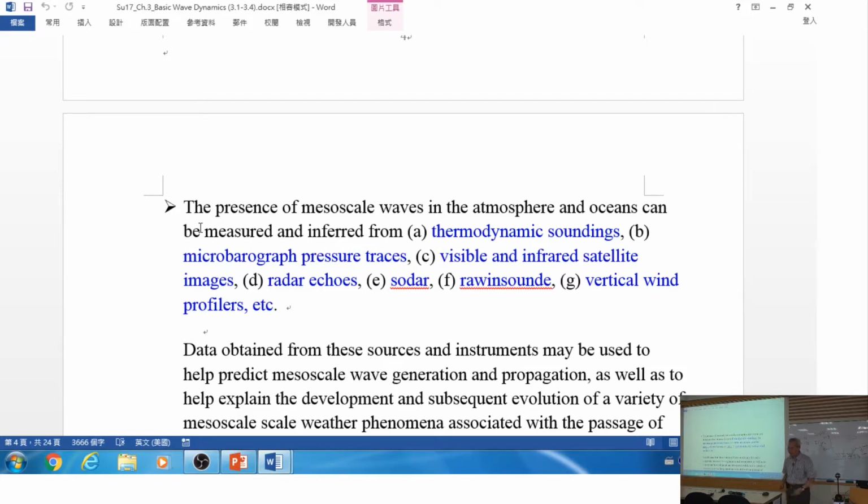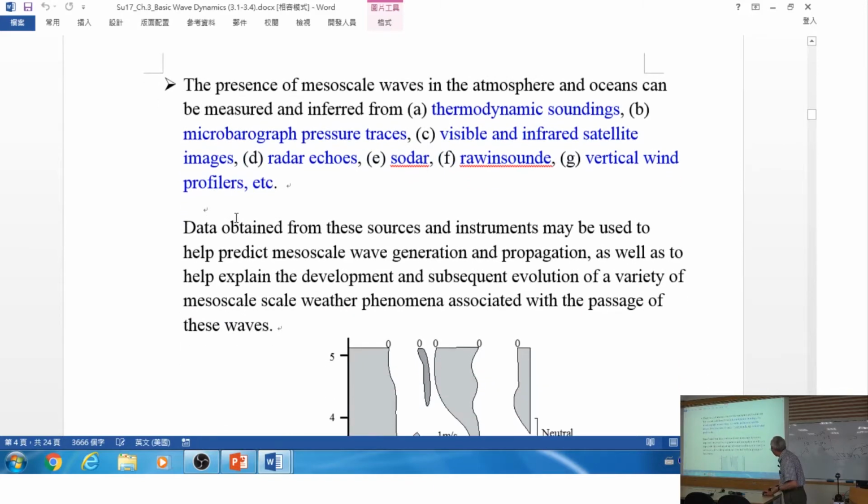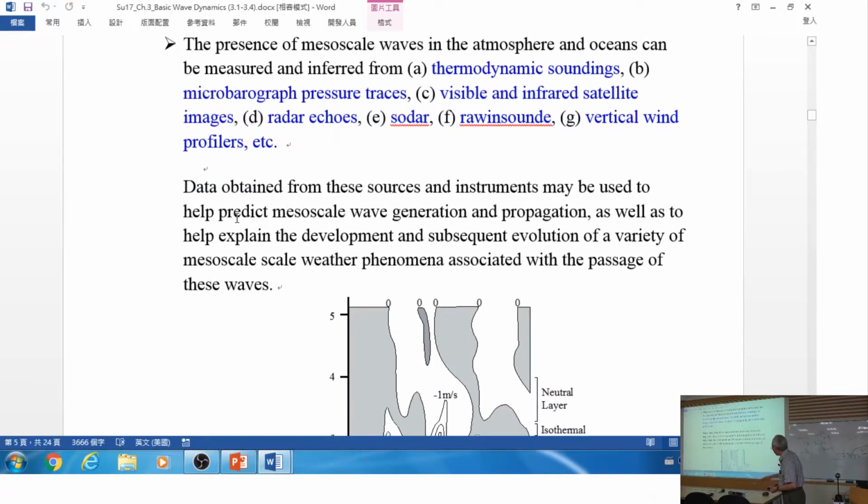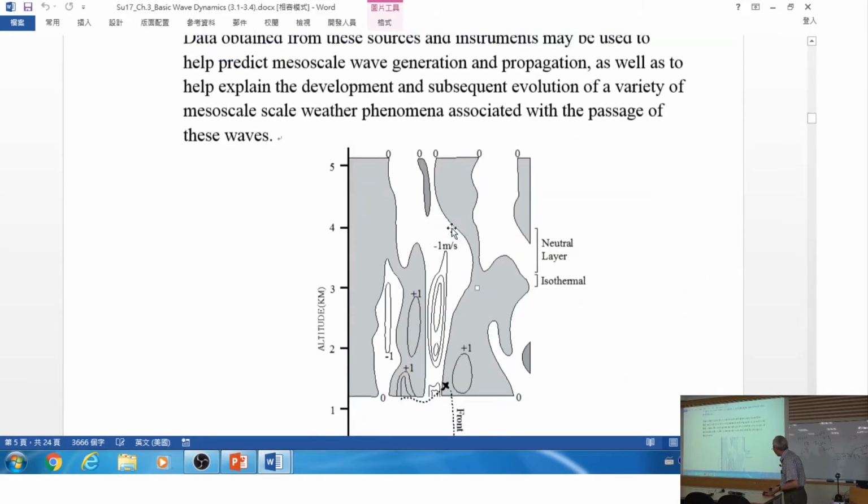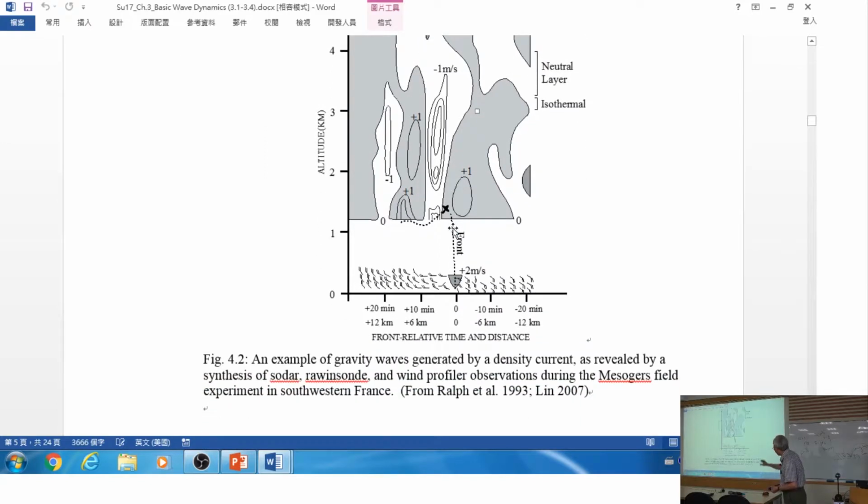So there are different ways you can measure the waves. And with the data obtained, you can do analysis like this example. This just gives you an example.